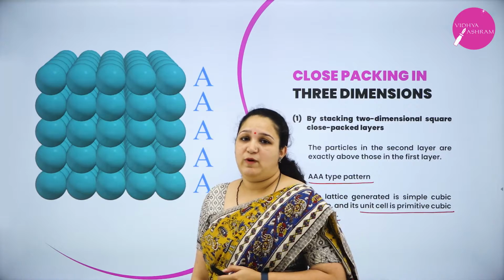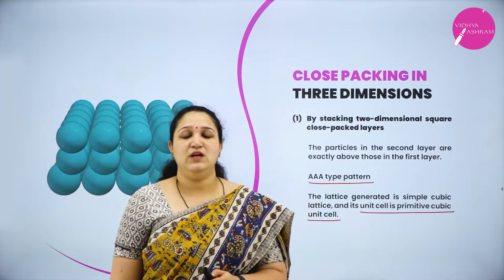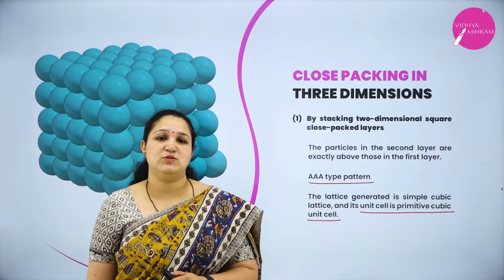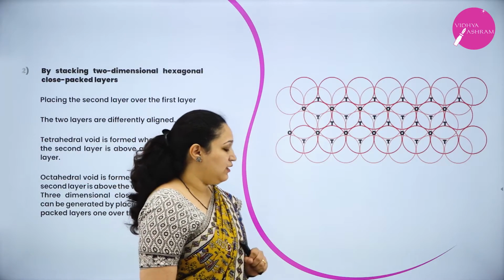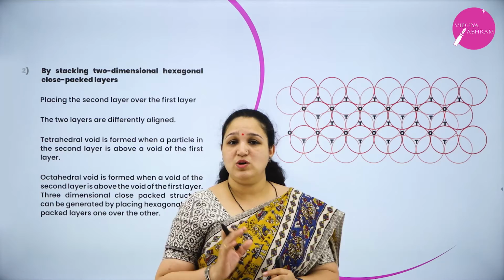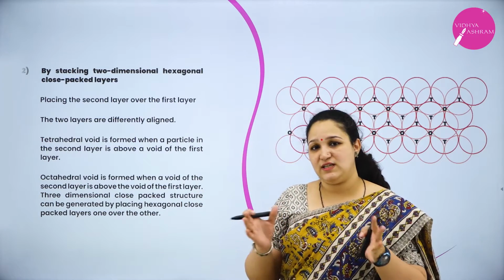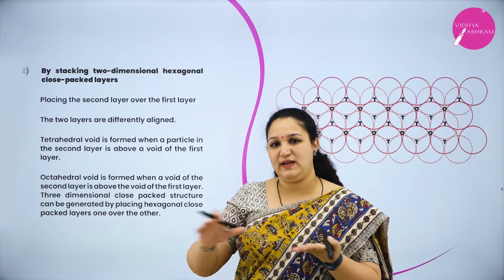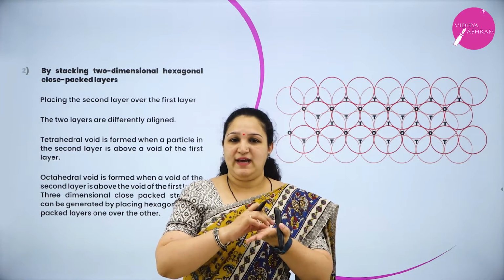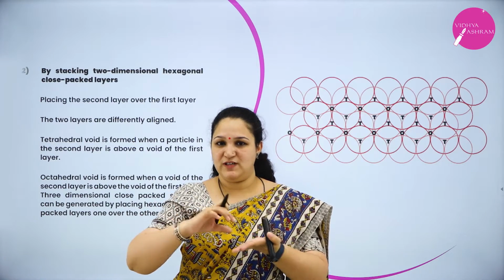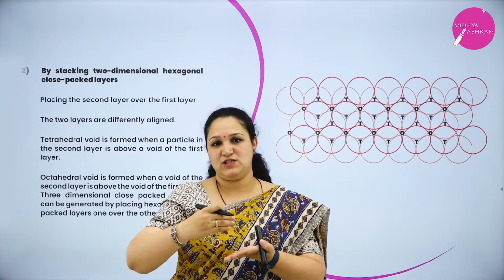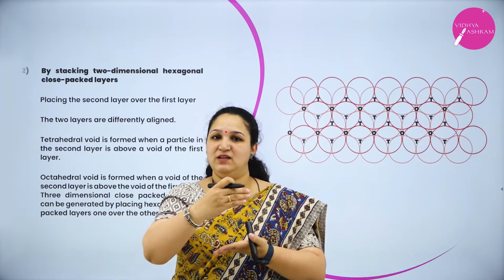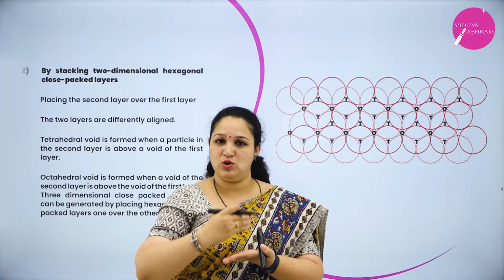The second type, we are using only hexagonal close packed structure. That is what we have seen in 2D, one layer. Here you have taken a 1-dimensional row. The first row, the second row is placed in the grooves of the first row. That pattern gives rise to hexagonal close packing.